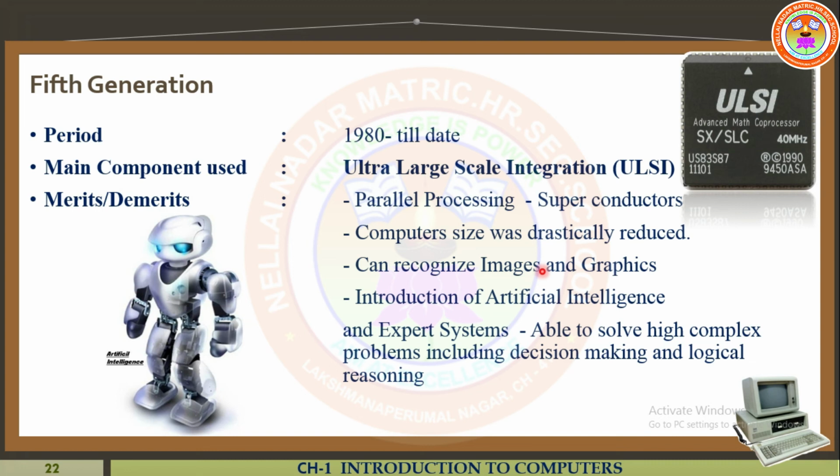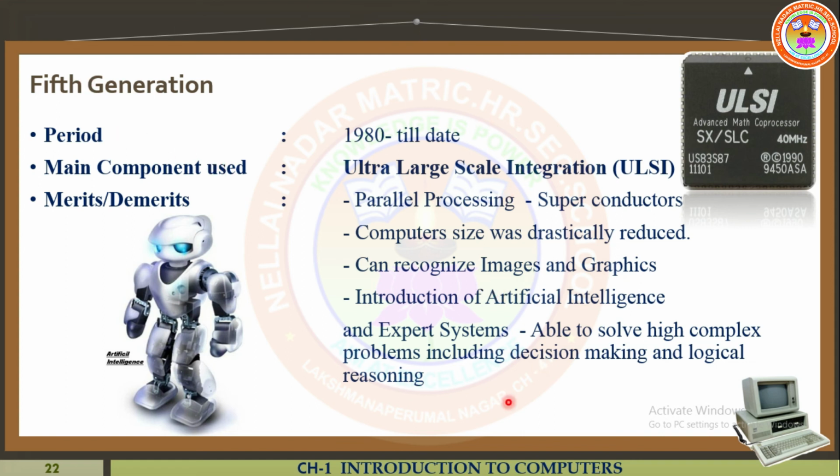In this generation especially, we are introduced to parallel processing and superconductors also. Parallel processing means at a time we can do multiple processes. Understood? And the computer's size was drastically reduced, and it can recognize images and graphics also.